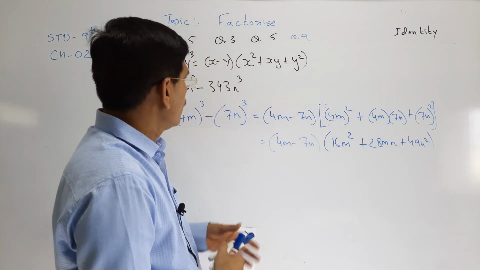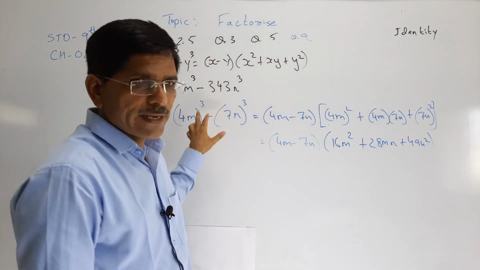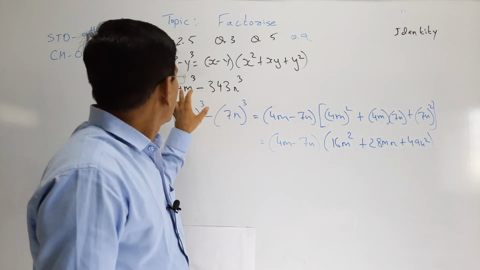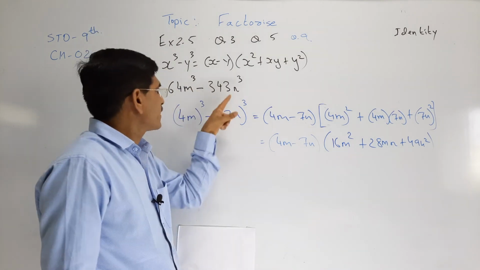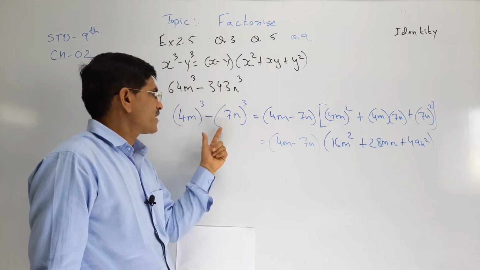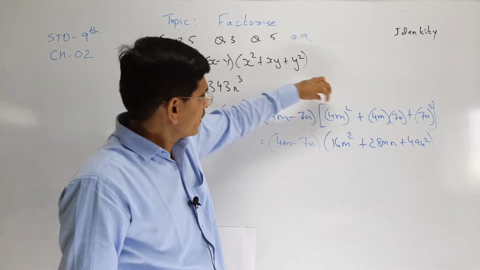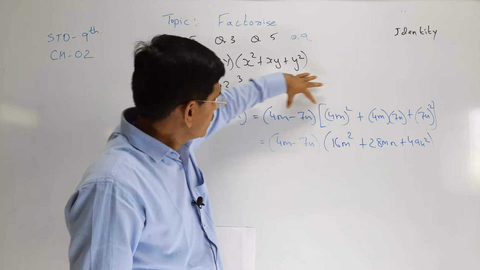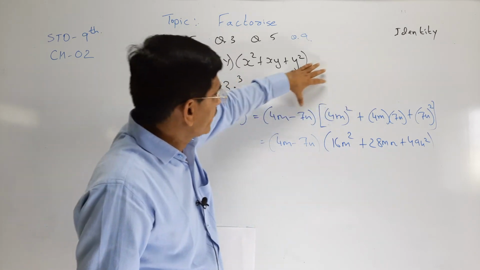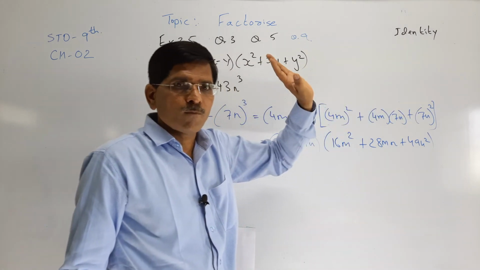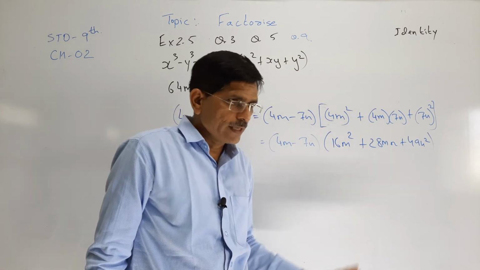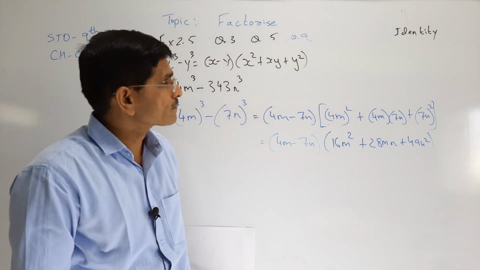Whenever cube is there and the middle term is minus, 4m whole cube minus 7n whole cube: first bracket as it is, second bracket 4m square, minus sign opposite plus, both multiplied, and last 7n square. We have to open that, then we can get the answer.